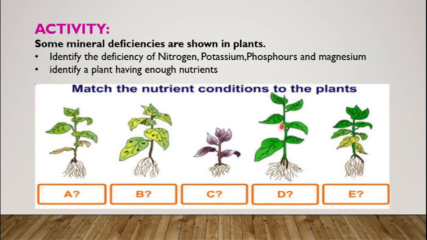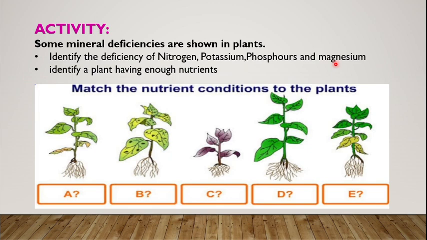Now, after doing this, you have to perform this activity. Some mineral deficiencies are shown in a plant. Different plants are shown to you. You have to identify which plant is deficient in nitrogen, which plant is deficient in potassium, which one is deficient in phosphorus, and which one is deficient in magnesium, and relate them with their appearance or observation.